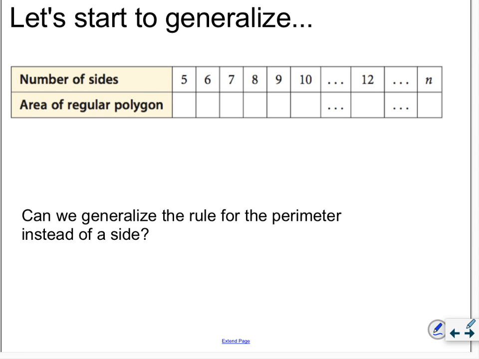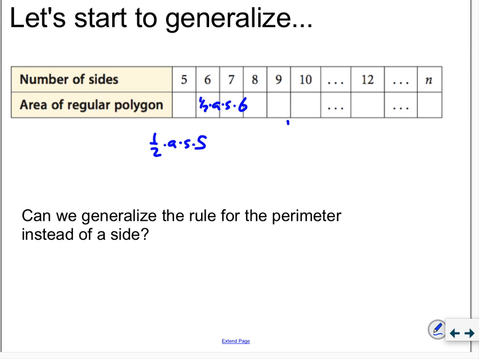So now if we start generalizing that, let's think about what would change if we change the number of sides. The area of each triangle is still going to be 1/2 times the apothem times the length of the base. What's changing is the number of sides. So while for 5, it was 1/2 times A times S times 5, for 6, won't it be 1/2 times A times S times 6?